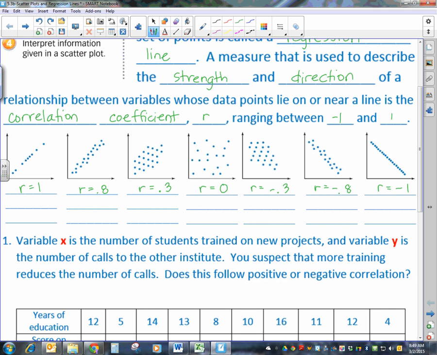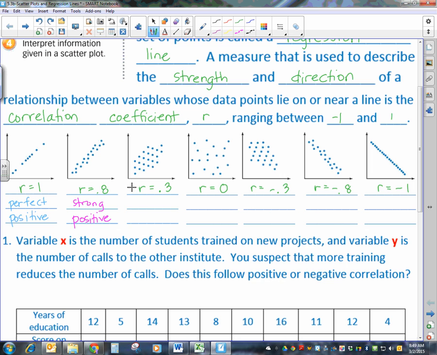So what does this tell us about each of them? If you have R equal to 1, then we say that we have a perfect positive correlation. If R is 0.8, then we say that we have a strong positive correlation.